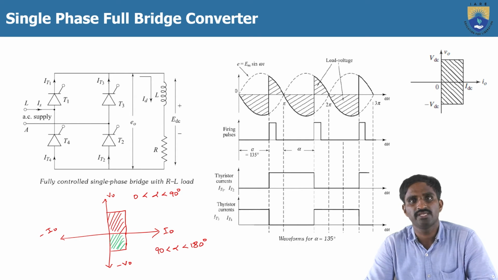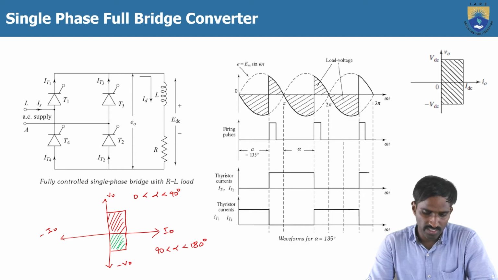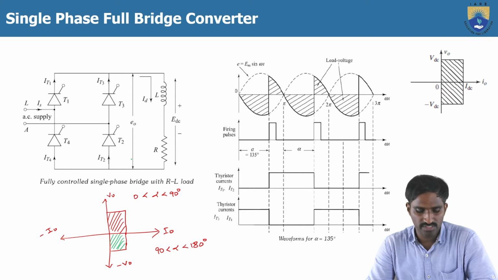The voltage is negative. So that's why we can operate the single phase full bridge converter in the two quadrants. That's why this is also called as a two quadrant converter.